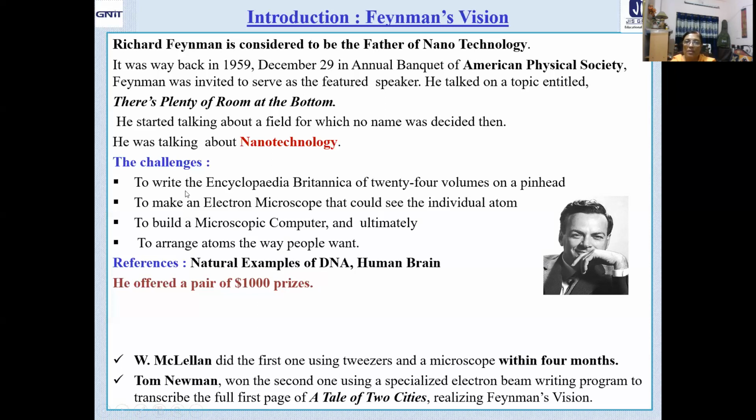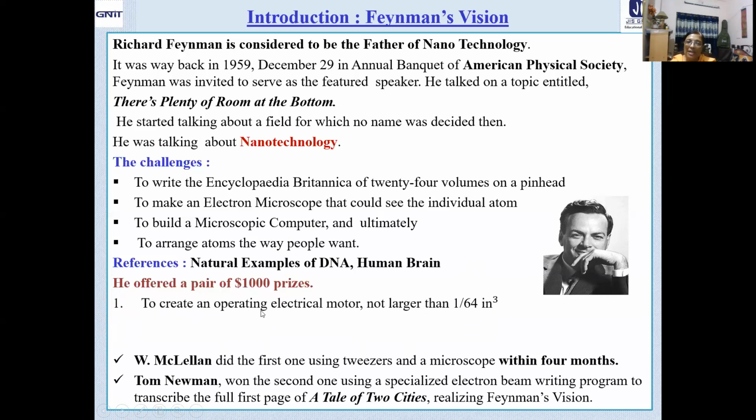So when people were surprised and wondered whether it is possible, he started taking the references of natural examples of DNA and the human brain, where miniaturization is successful from the very beginning. So all understood. Then, to their surprise, he offered a pair of $1,000 prizes. For which purposes?